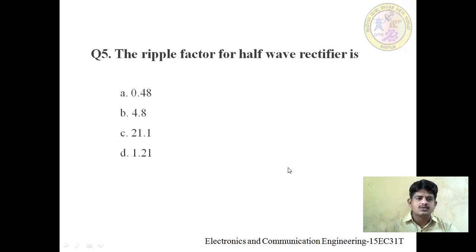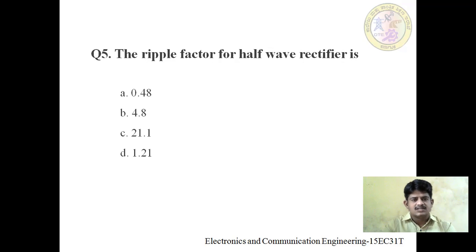Okay, the last question for this session. We'll go with the question. The ripple factor for a half wave rectifier is 0.48, 4.8, 21.1, and the last option is 1.21. In this session, we have understood the value of the ripple factor of a half wave rectifier.